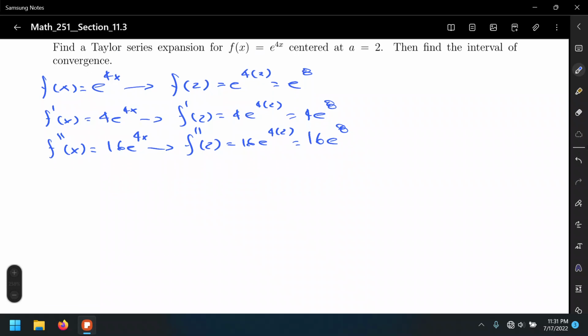And then the next term, the third derivative: 16 times 4, which is 64, e to the 4x. f triple prime of 2 is 64 e to the 4 times 2, which is 64 e to the 8.